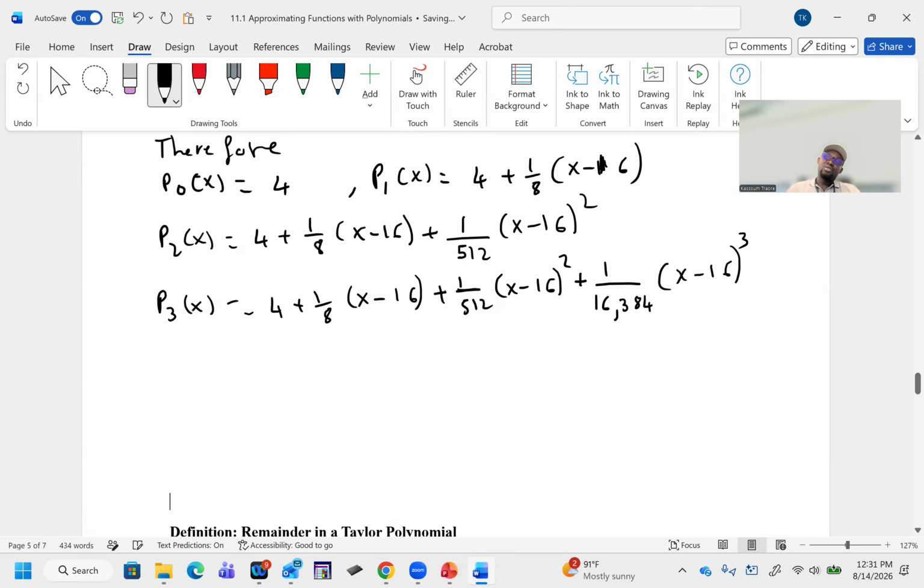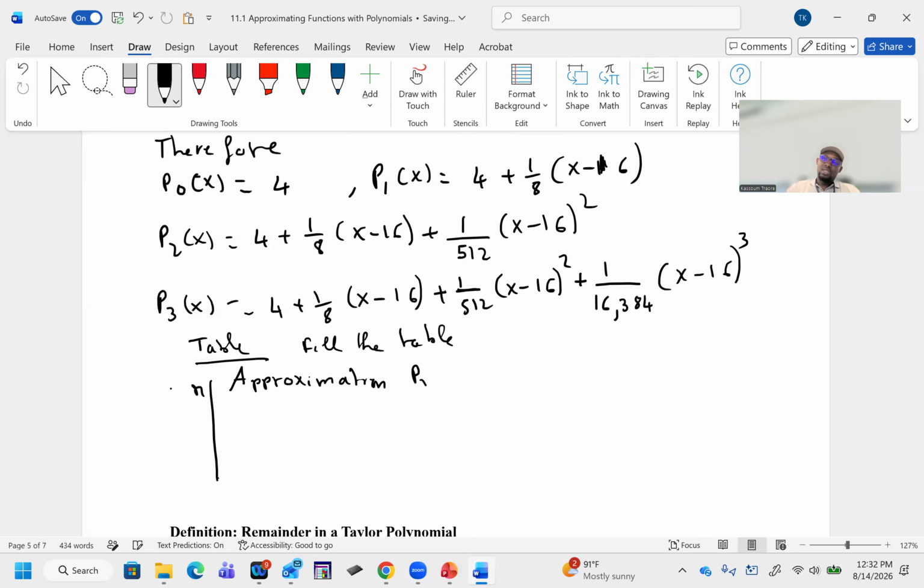So now it's for you. I will let you fill this table for the approximation, okay? So we have n, we have approximation, P sub n is equal to 18.